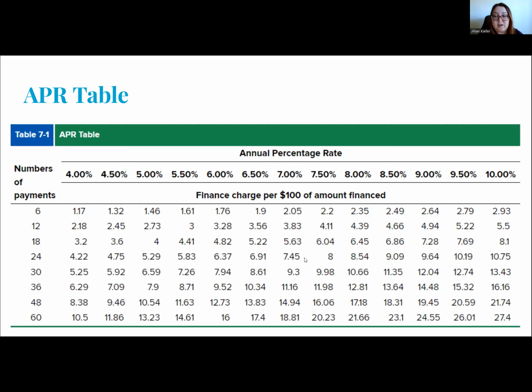And that's based on the value that we had from step 1 and following our APR table with finding the number of payments. So for our step 2, we know that our value is between 7 and 7.5%. Because at 7%, we had $7.45, and at 7.5%, we had $8. Let's go ahead and write that down in our notes.